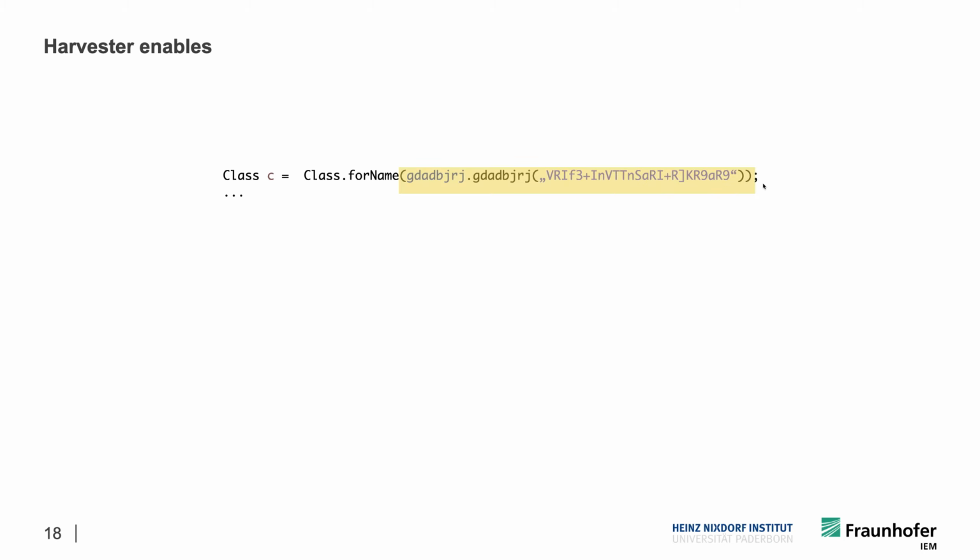Then we can configure Harvester to first of all look into these parameters to Class.forName and try to extract them, right? And so this will basically be a very simple slice that we extract here, and we will execute that slice. And this might lead to the fact that we now have learned that this Class.forName call actually loads the class SmsManager, okay?